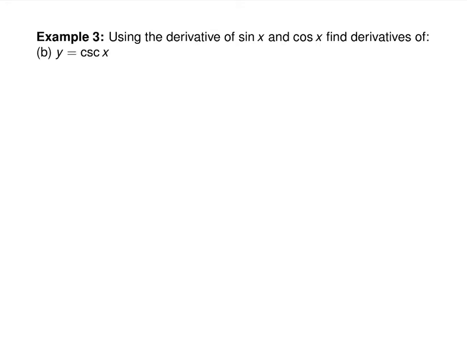So cosecant, make it sines and cosines. So it is 1 over sine x. Okay. So y prime will be cosecant's derivative, which will be low d high, what's the derivative of that 1? 0.